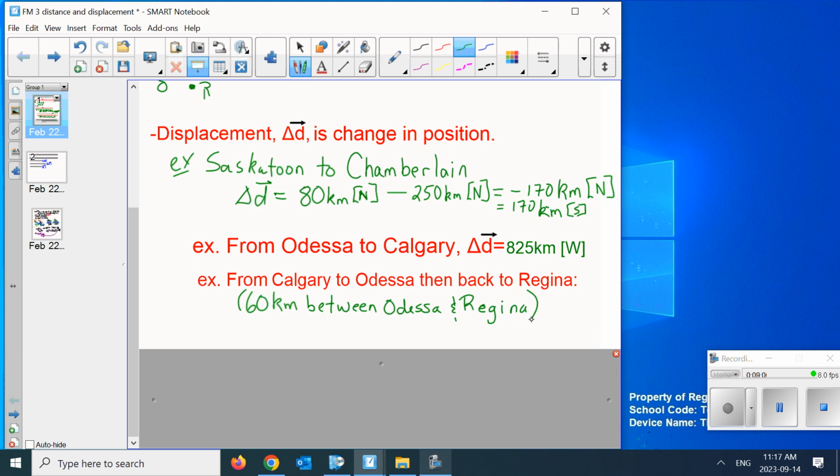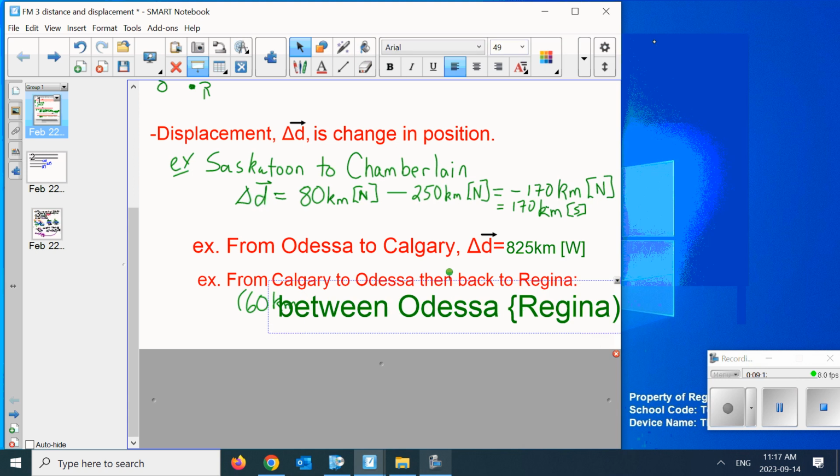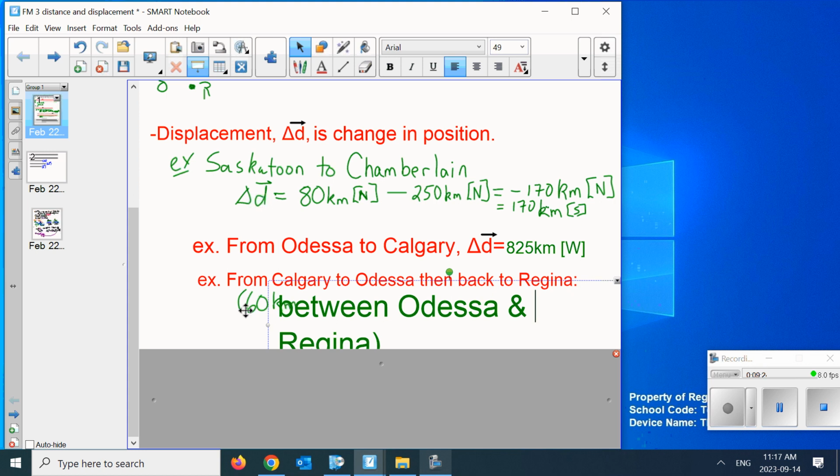Scalar means I didn't give it a direction. 60 kilometers.